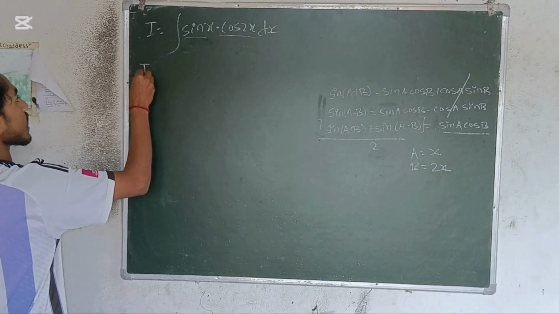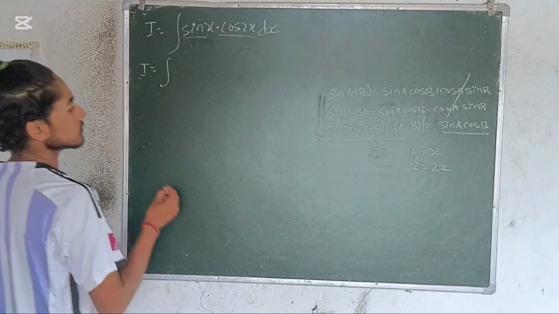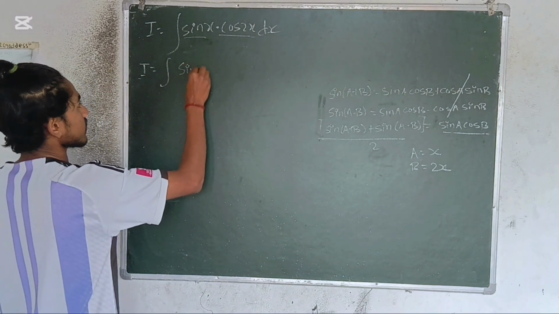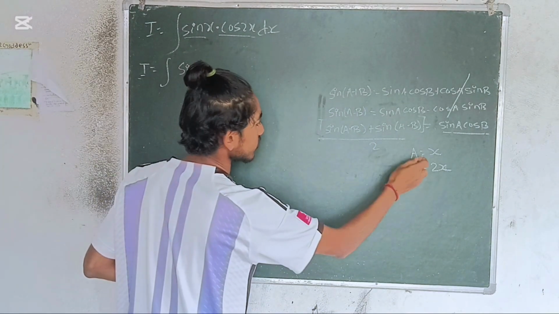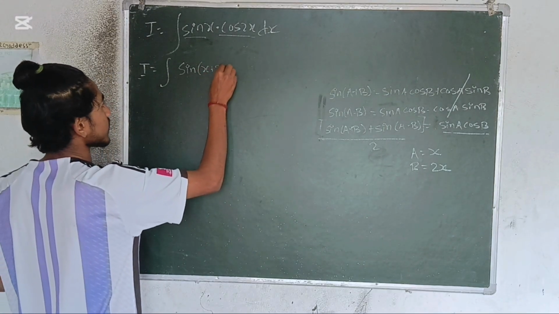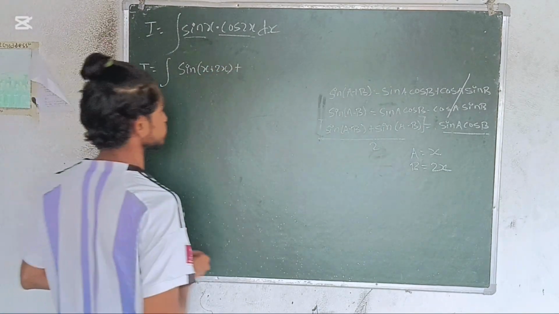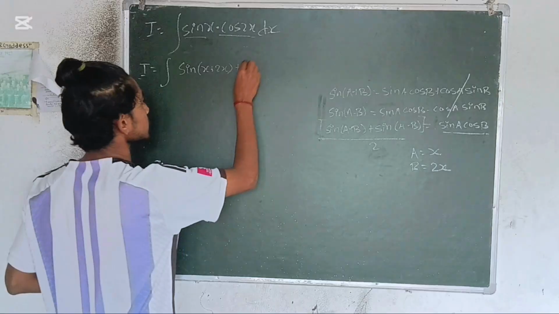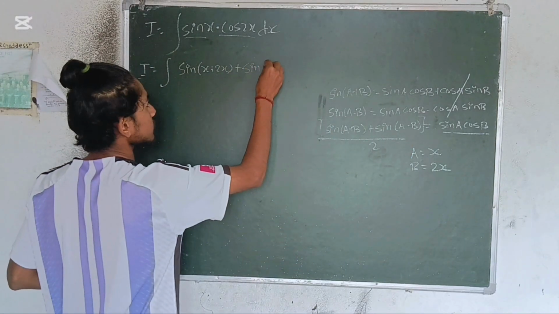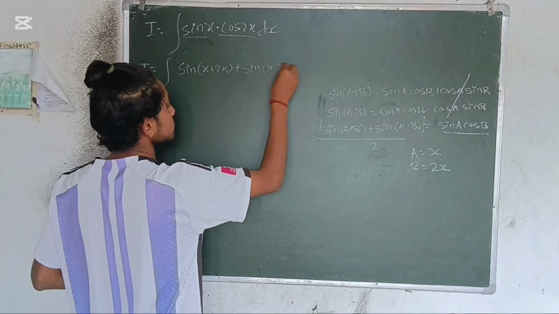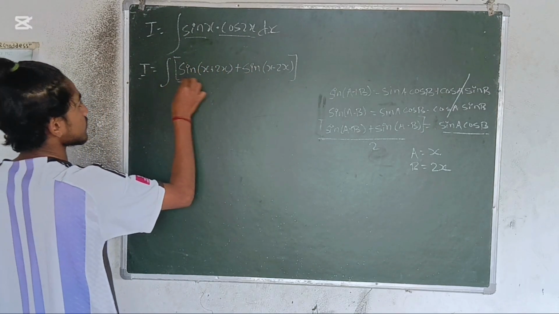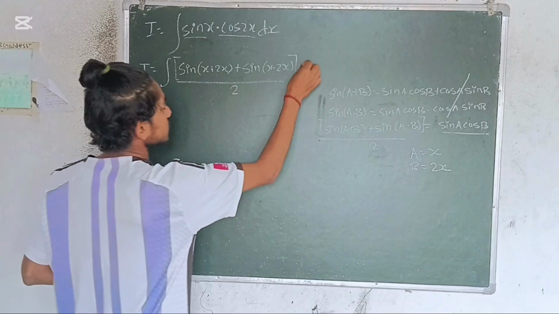So I is the integral of sine of a plus b, which is x plus 2x, plus sine of a minus b, which is x minus 2x, divided by 2, dx.